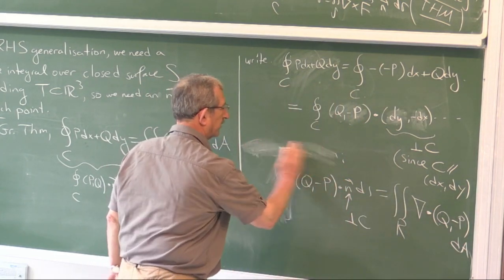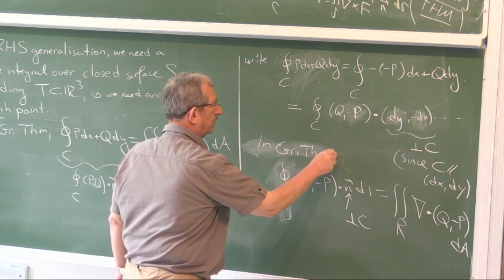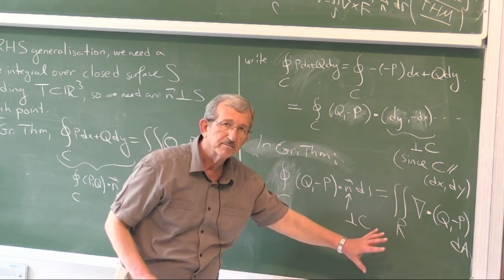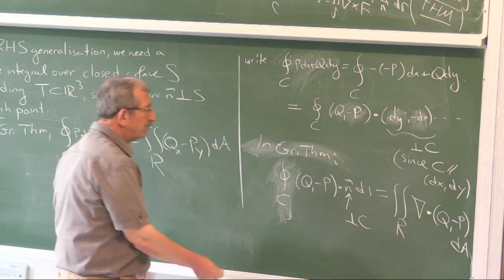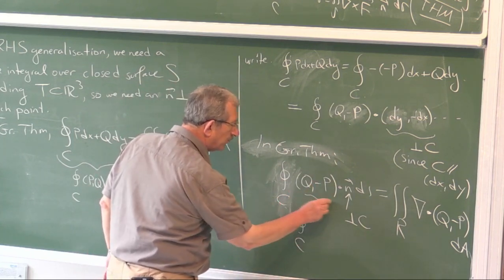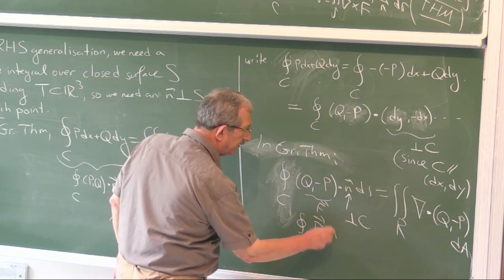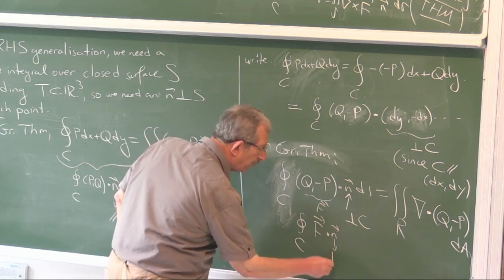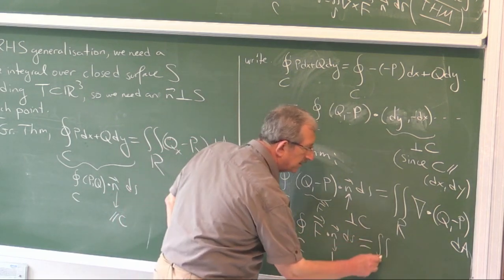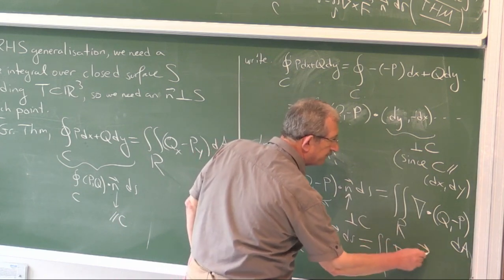So let me say in Green's theorem, I'm just manipulating the places, writing the same thing. So this happens to be the integral of, now call this your function f dot n, but n is perpendicular to C now. It is the double integral of the divergence of f.